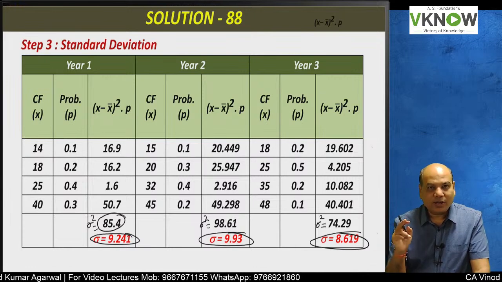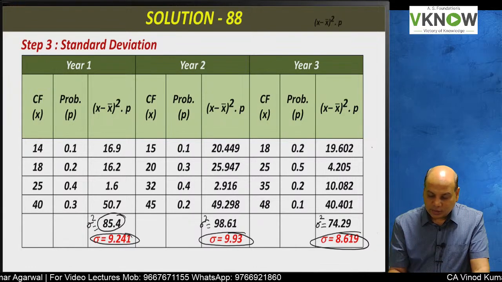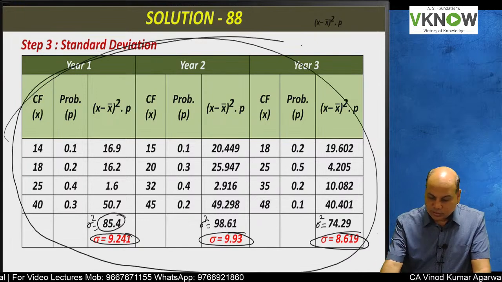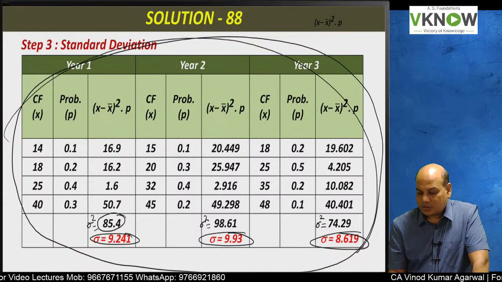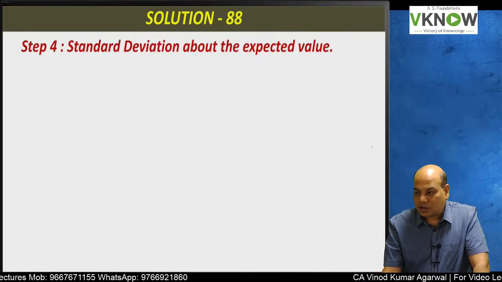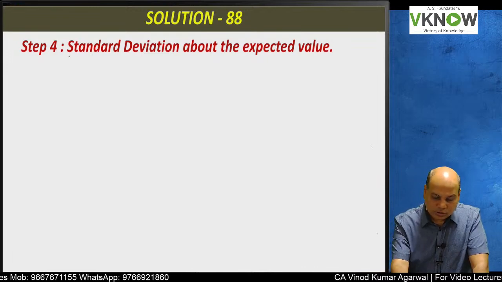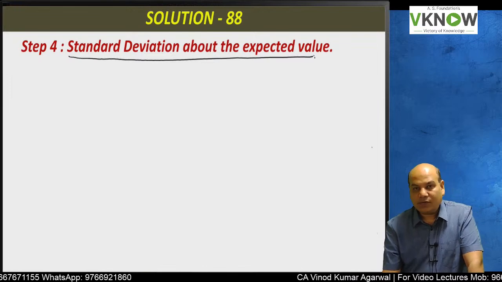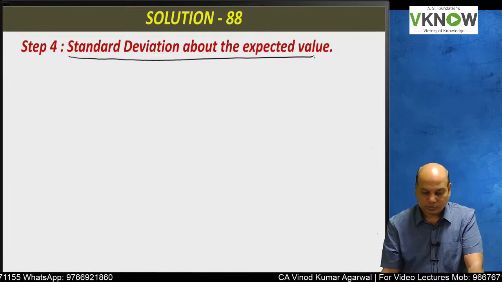Now I have to apply Helier model, where I have to compute the standard deviation of the entire project. So write down step 4, standard deviation about the expected value. This is your second answer.